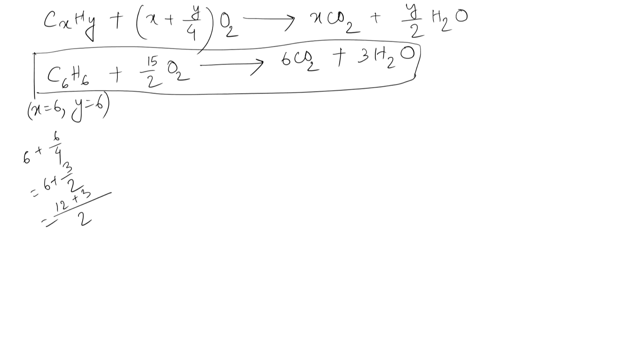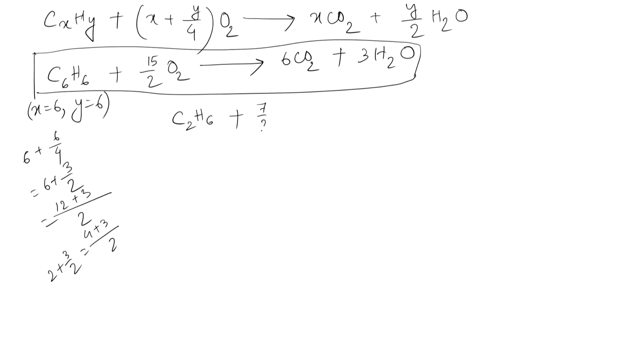Now, let us check if we can use this formula for alkanes, alkenes and alkynes as well. So, for alkanes, let us take ethane, C2H6 plus x is 2, 2 plus 3 by 2. Okay.